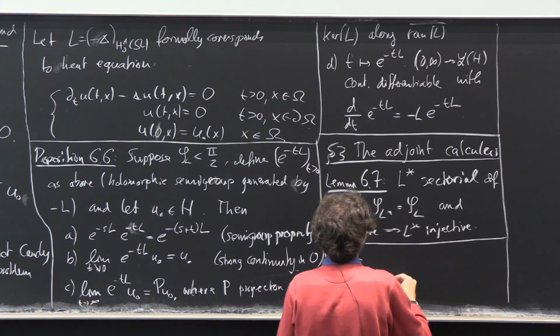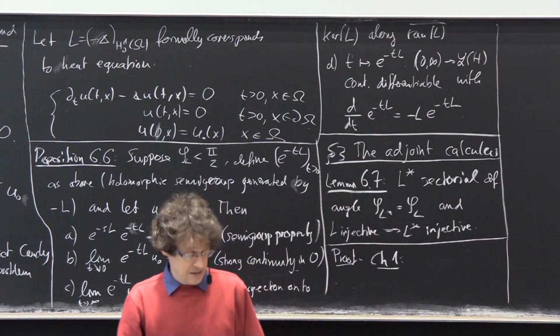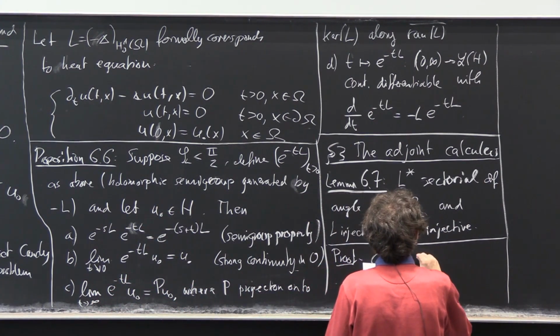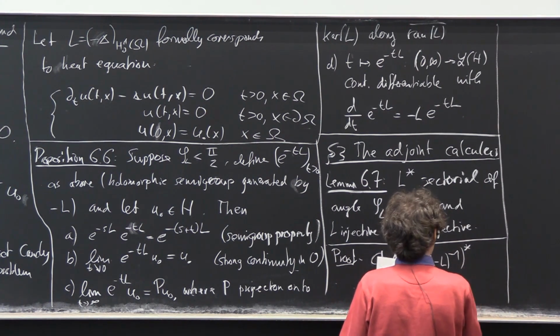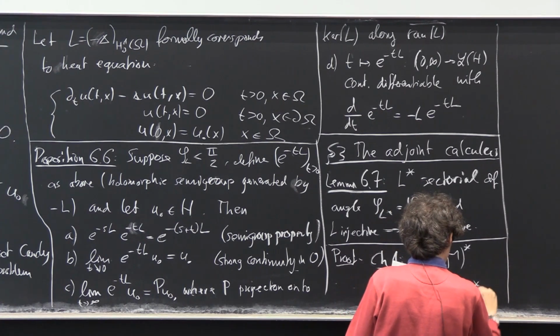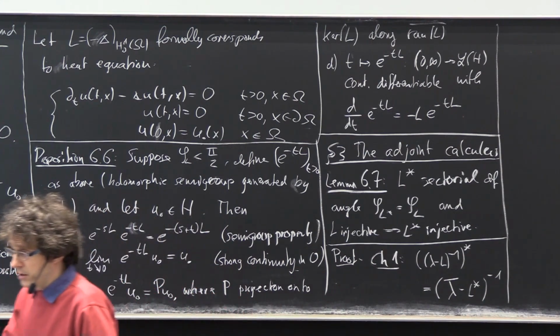Okay, so the first thing to note, and somehow the key for all of this, is that in chapter 1 we have seen that the adjoint of the resolvent of a sectorial operator is given by the resolvent of the adjoint at the point lambda bar.